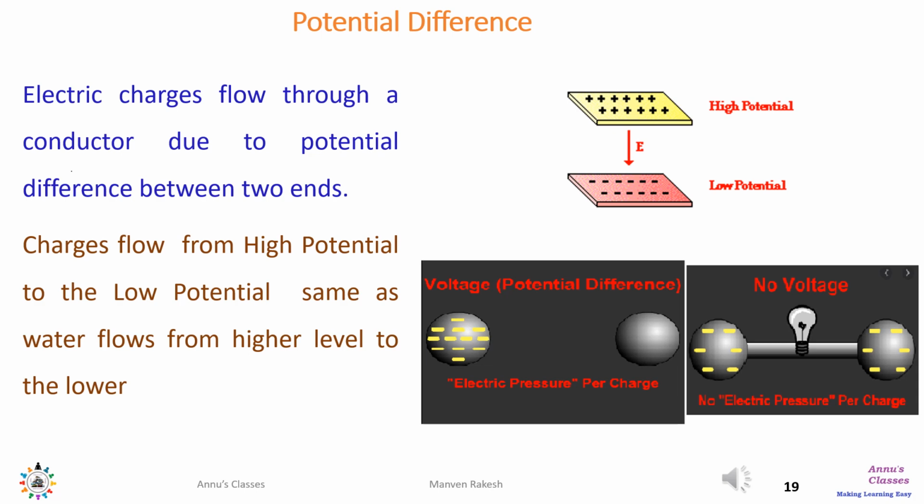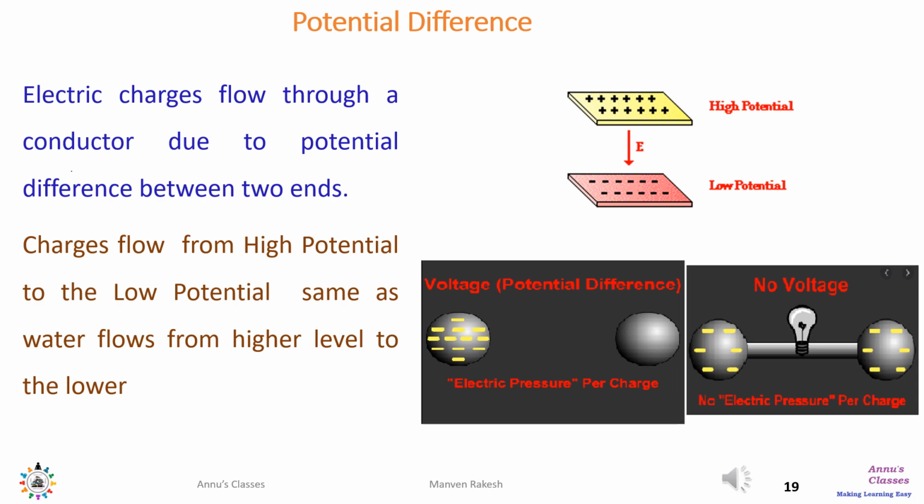So now it's clear that electric current means flow of charges. And how do these charges flow? They will flow if there is a potential difference between the two ends of the terminal. Now, what do we mean by this potential difference? That is something analogous to the difference in water flow.